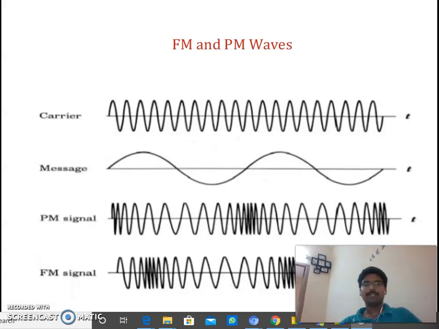Remember this point: what is the frequency changing here? It is fc plus some change, and that change should depend upon the message signal amplitude. That's why we write fc plus kf, some constant, into m of t.